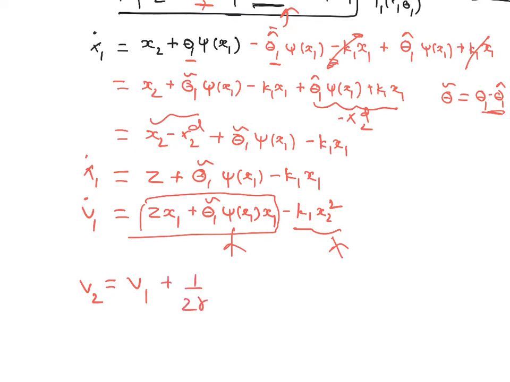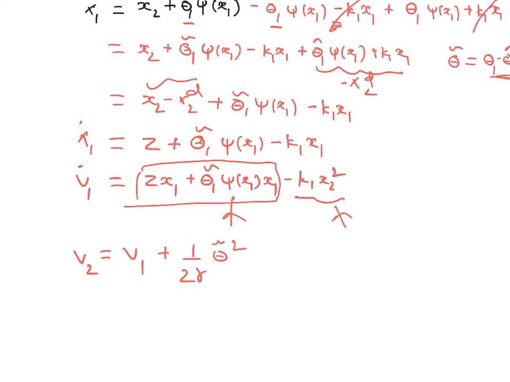Gamma is just some constant, and I want to make this theta bar squared. Okay, so I don't know theta bar, but I want to at least get rid of this thing. So let's see what it will be.